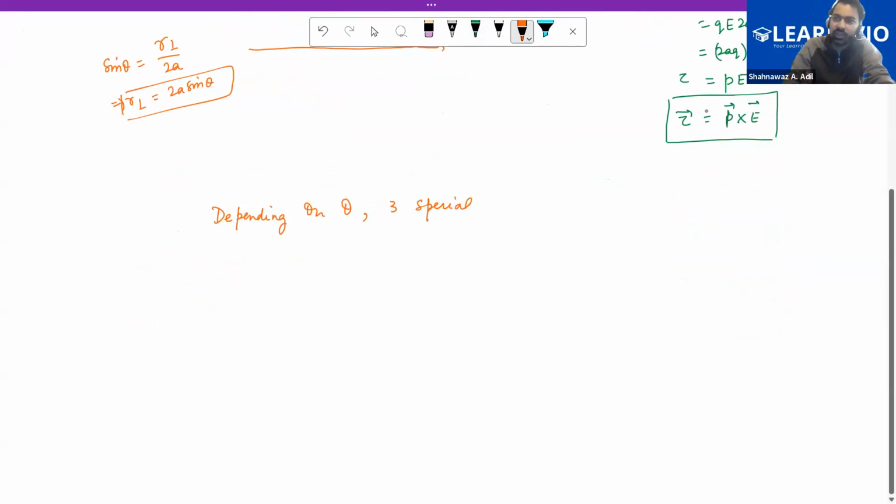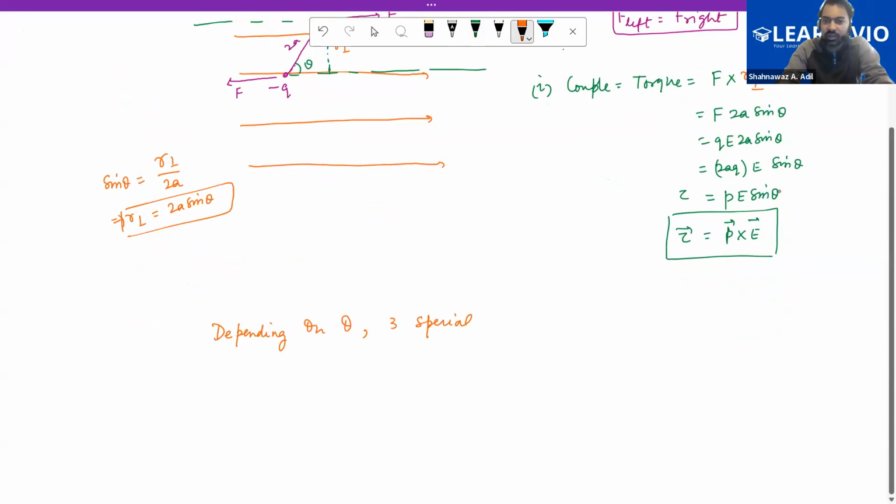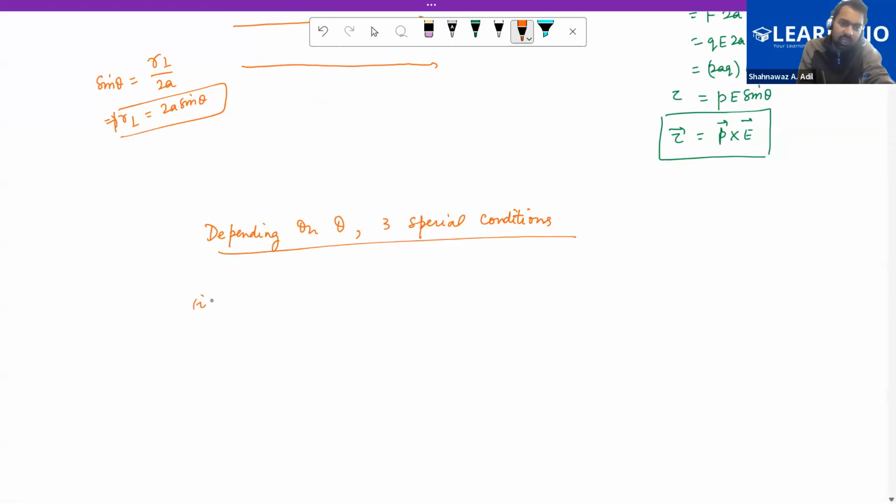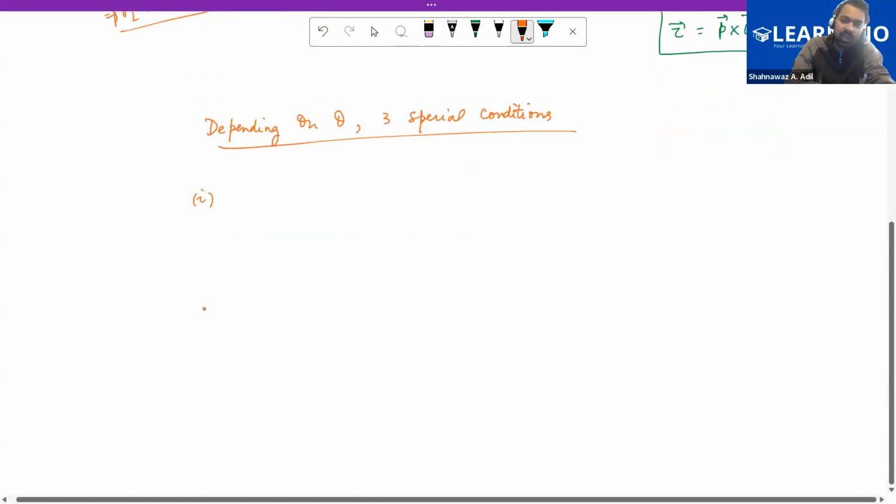This is a general one, but we have three special scenarios. First one is that you have this dipole. I will not make a bigger diagram this time. You have this electric field uniform, and you put your dipole in this way.